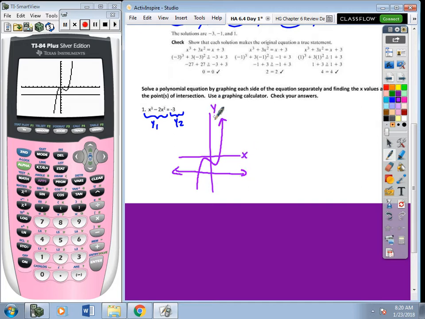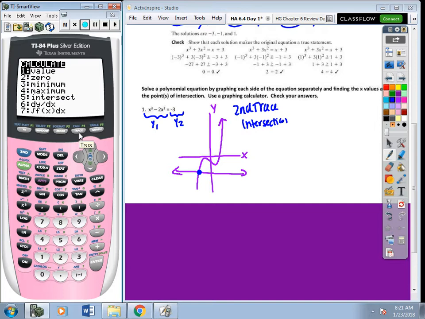Something like that. So there's actually only one point of intersection this time. So we're going to press second trace, and we're going to choose intersection. Option 5.